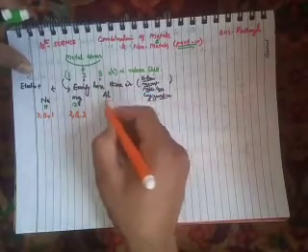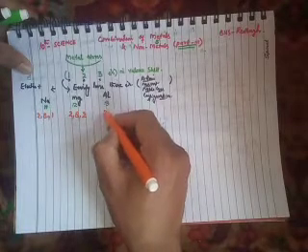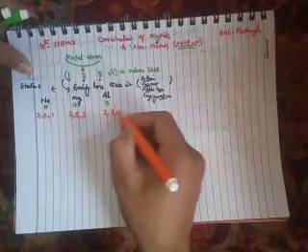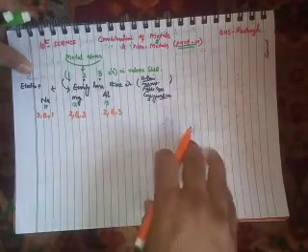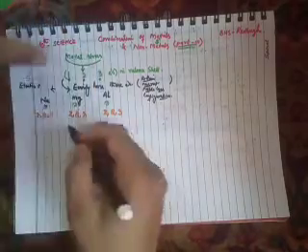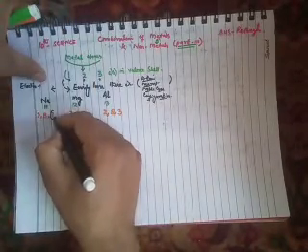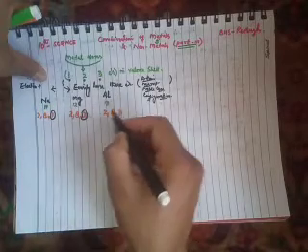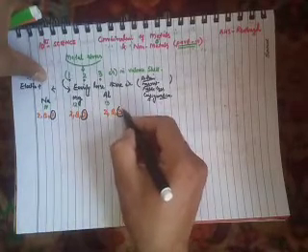Similarly for aluminium, the first shell has 2 electrons, then 8, and the last shell has 3 electrons. So here we have 1 electron in the last shell, the valence shell, the outermost shell, here 2 electrons, and here 3 electrons.